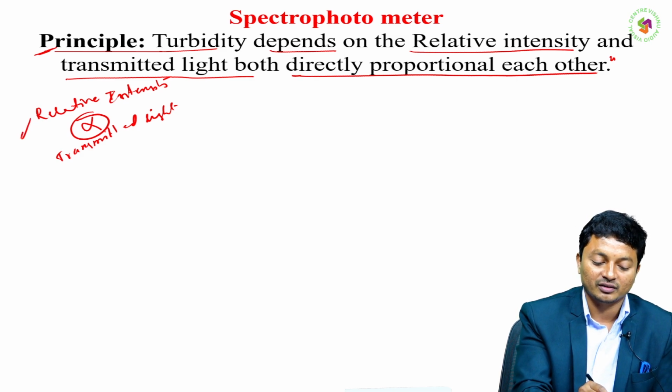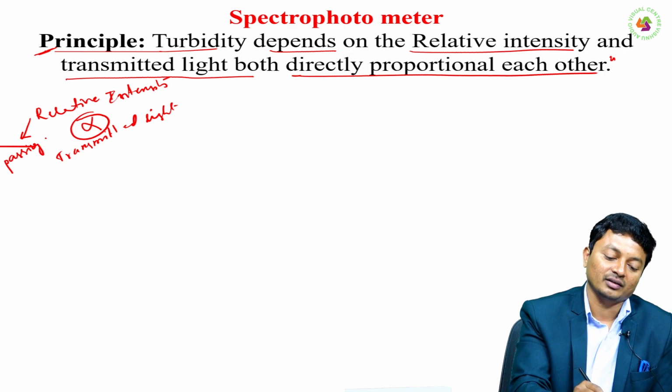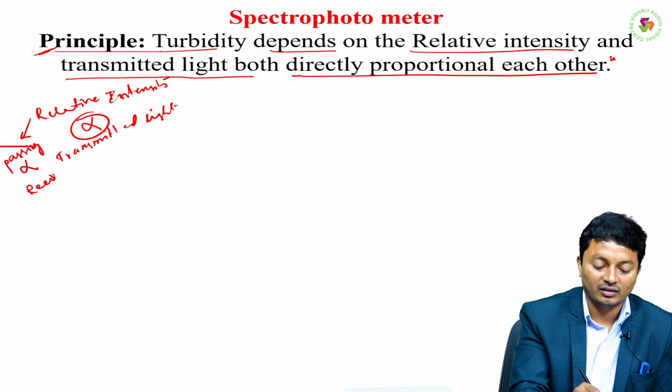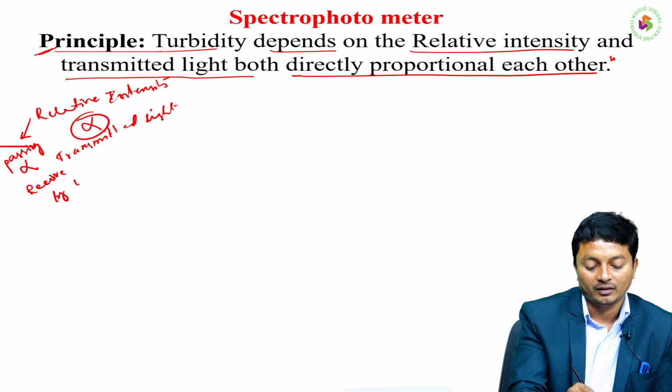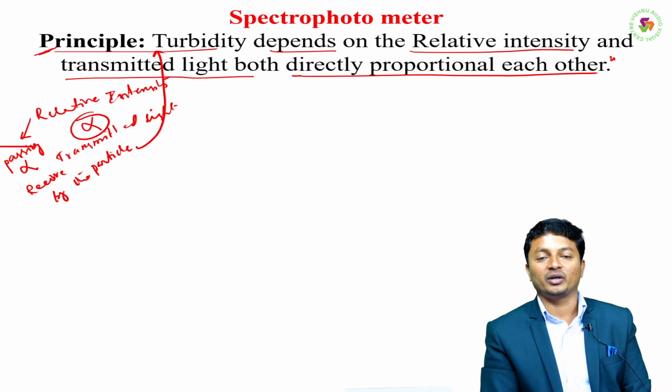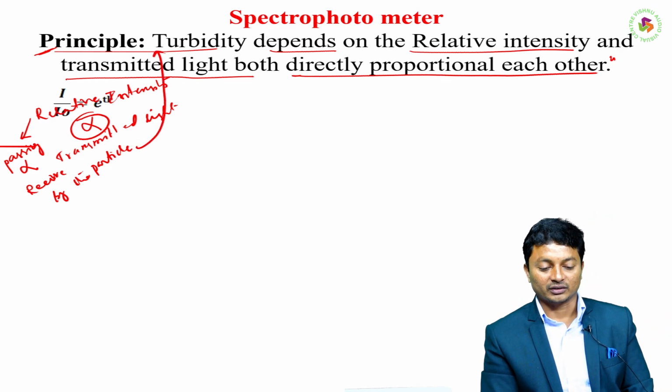That means the passing light is directly proportional to the light received by the particle. Based on this principle, the spectrophotometer works.